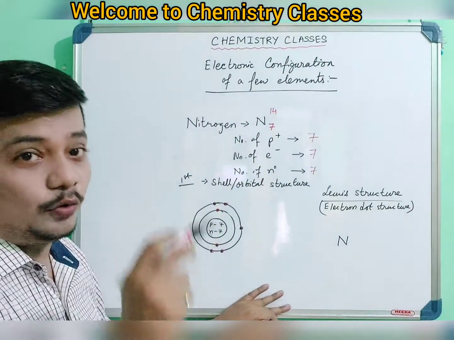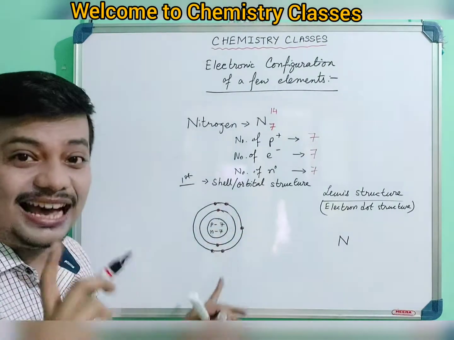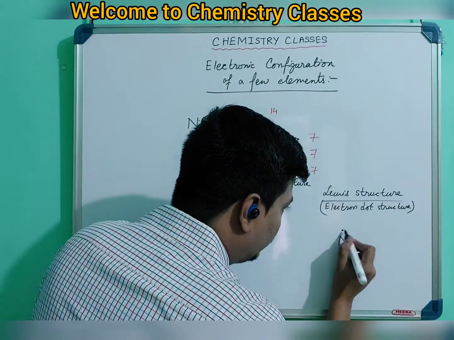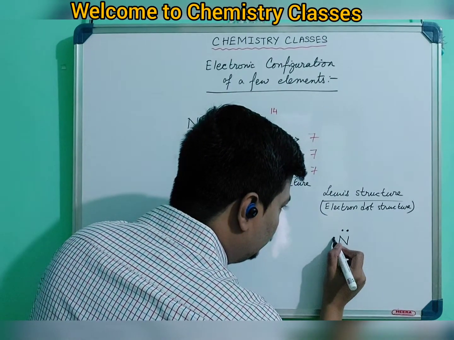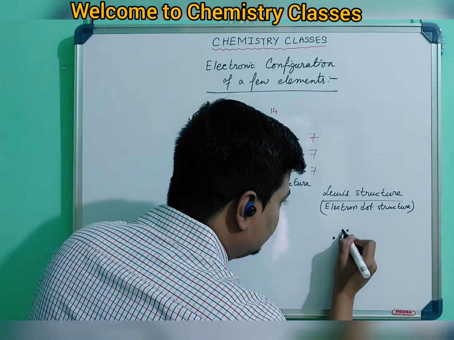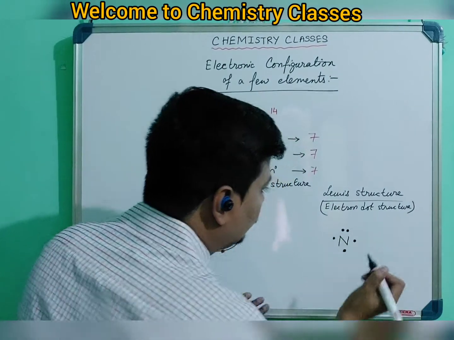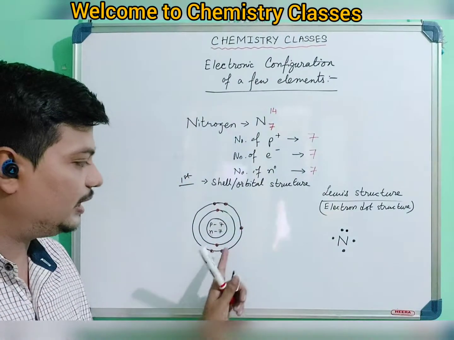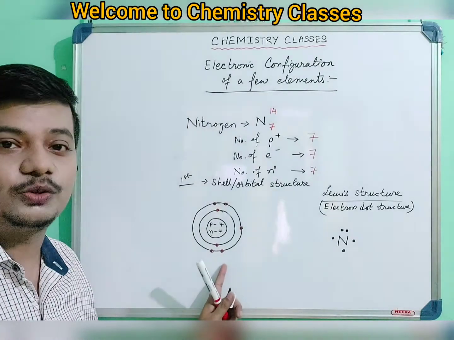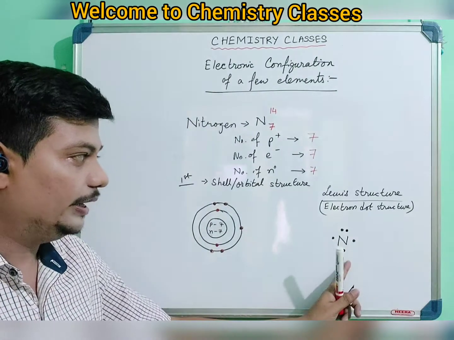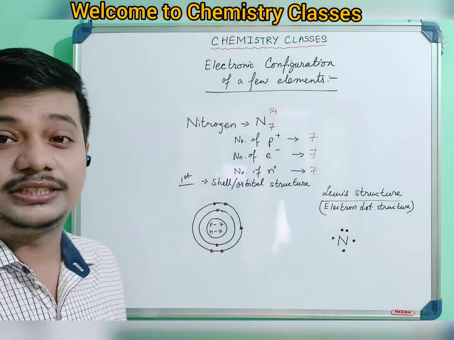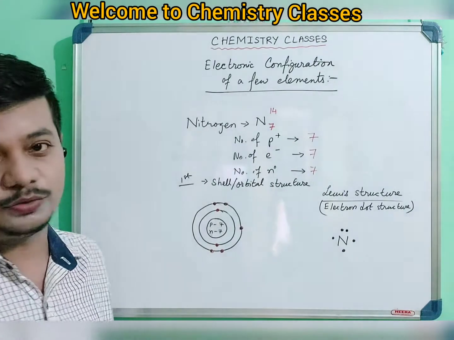And along with it, we draw the electrons of the last shell only. That is 1, 2, 3, 4, and 5. Now you know that the last shell is L shell, and L shell has only 5 electrons. So in the electron dot structure, we only draw for the last shell and not for the entire structure.